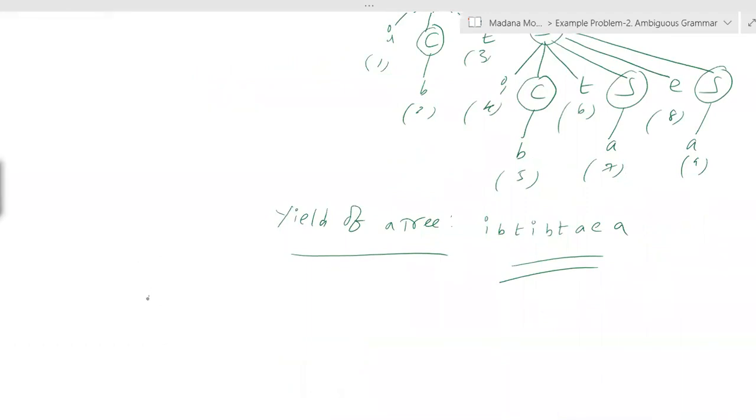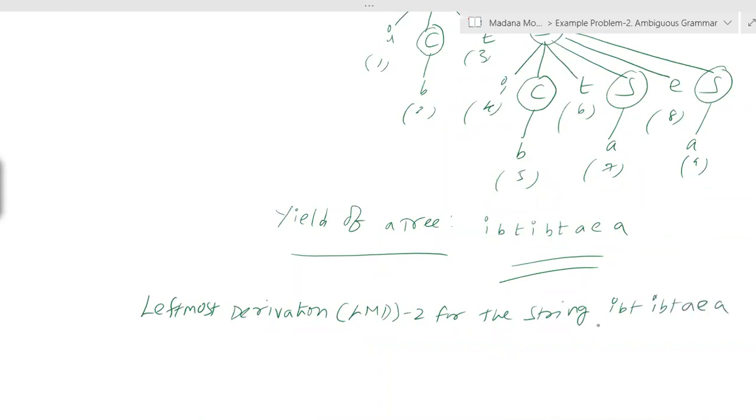Similarly, take leftmost derivation 2 for the same string. Leftmost derivation 2, LMD 2, for the string. What is the string here? IBTAEA.